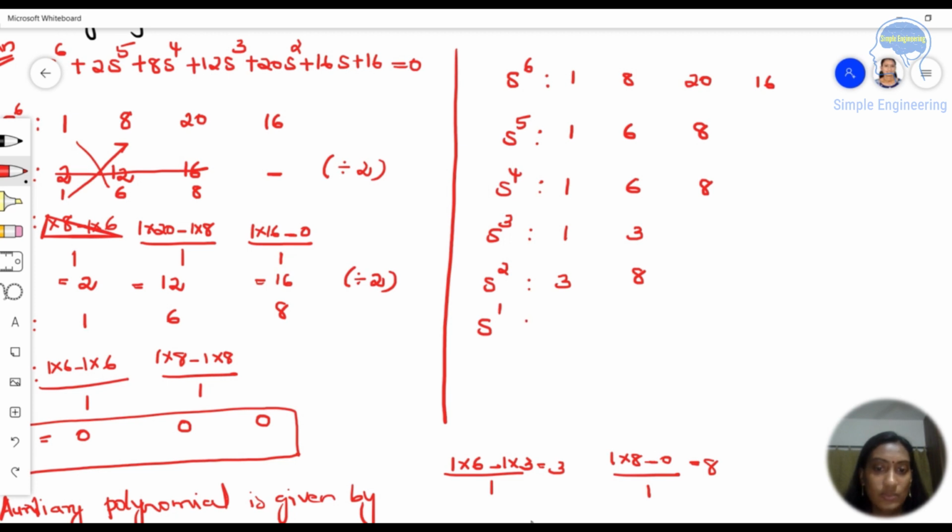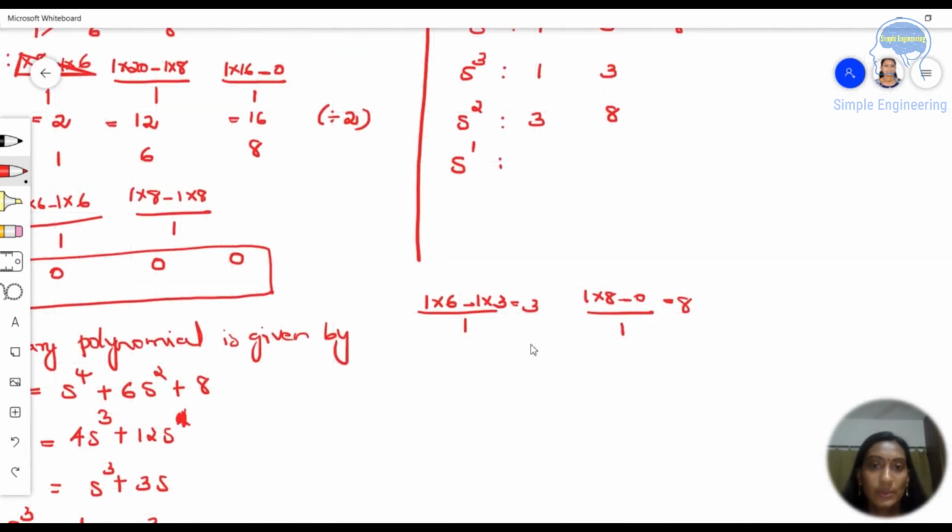Next you have to find s power 1, which will be equal to 3 into 3 minus 1 into 8 by 3. So this is 9 minus 8 by 3, which will be equal to 1 by 3, which is 0.33.